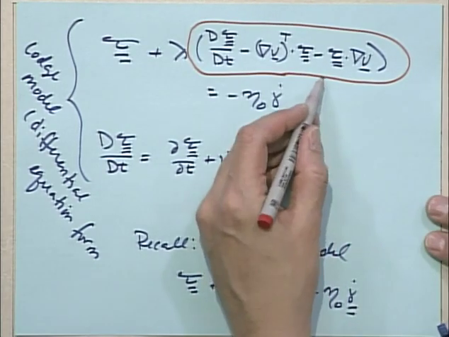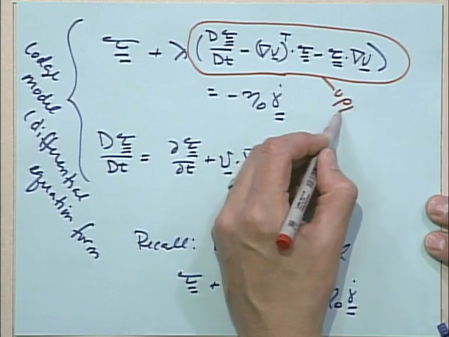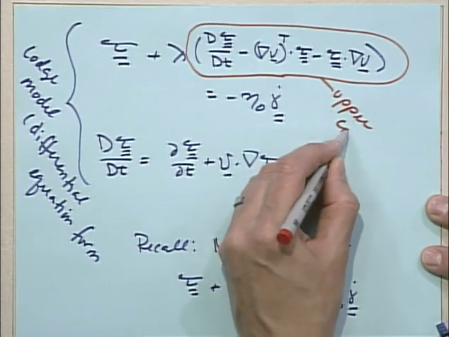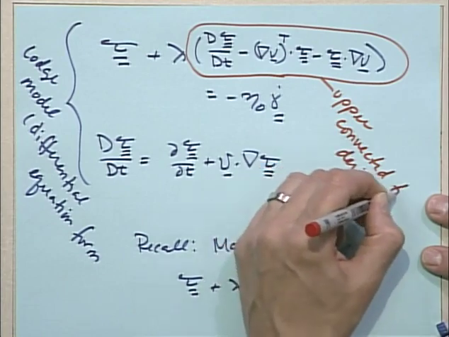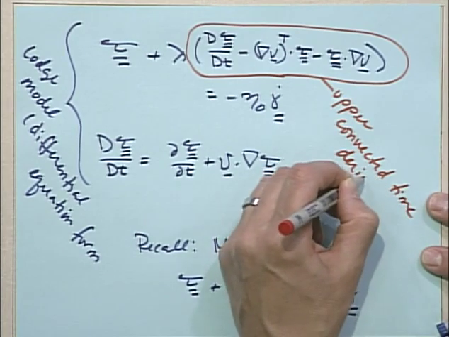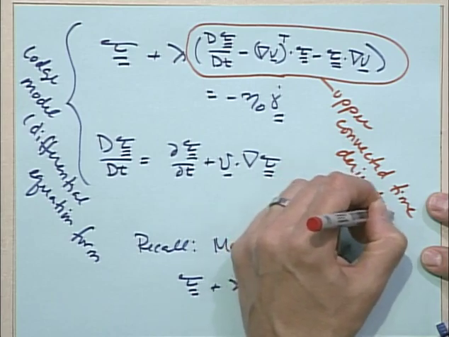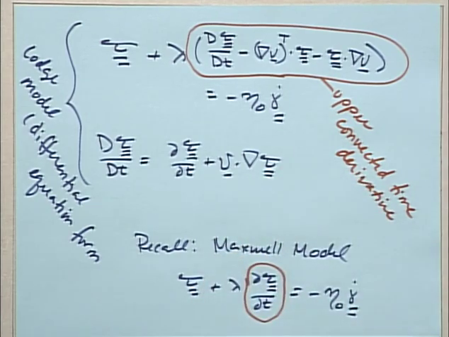This mess is called the upper convected time derivative. And it has its own history. In fact, its history is not usually related to the way I just introduced it to you as something that came out of the finger tensor.